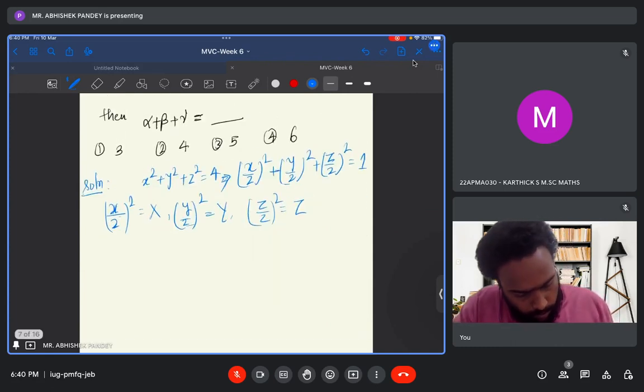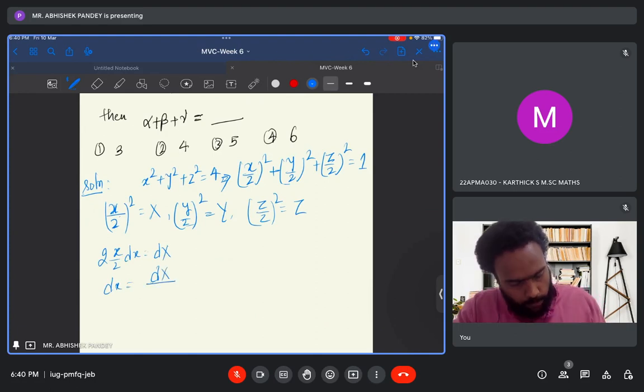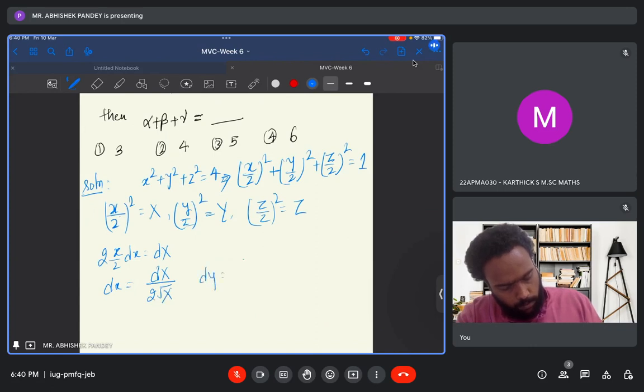Now 2 times x by 2 dx is equal to dx. So dx is basically dx by 2 root over x. Similarly dy is dy upon 2 root over y, and dz is dz by 2 root over z.